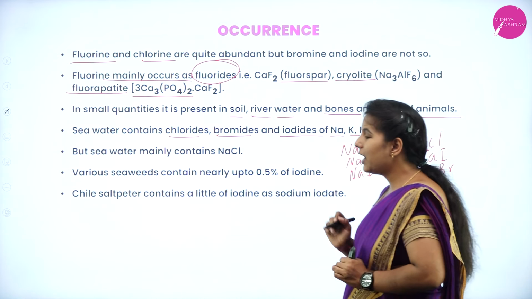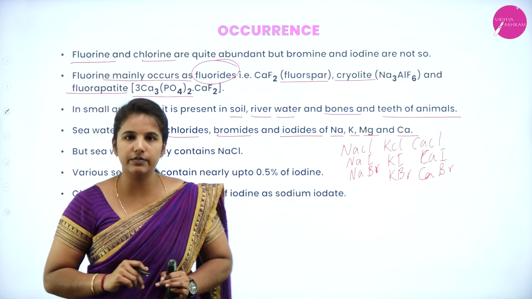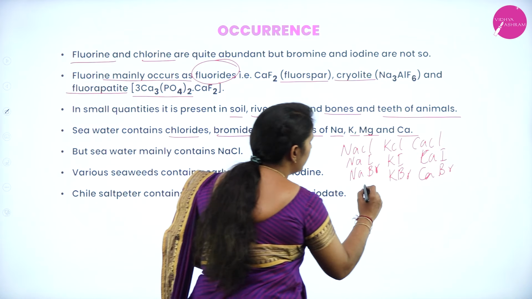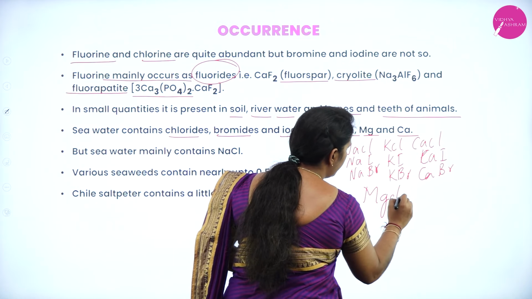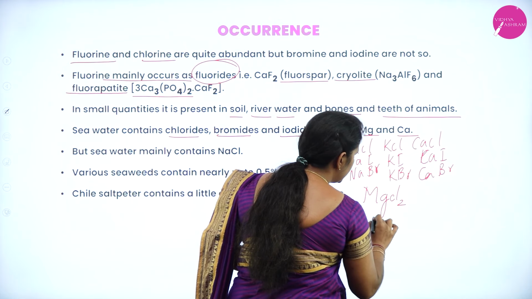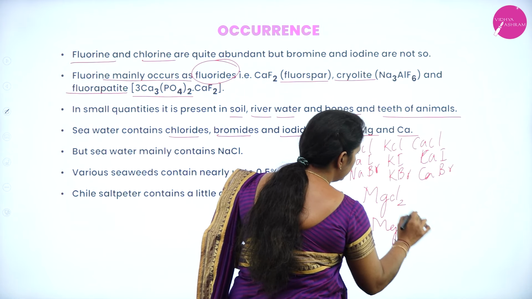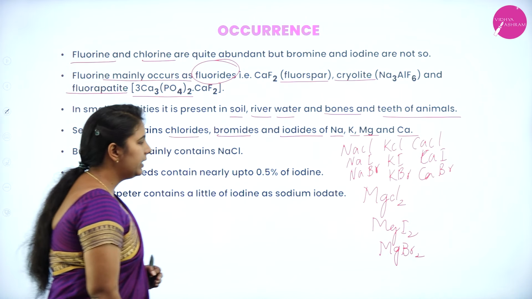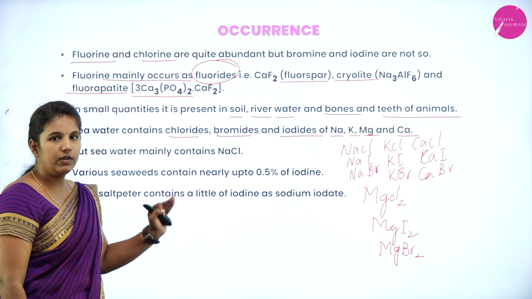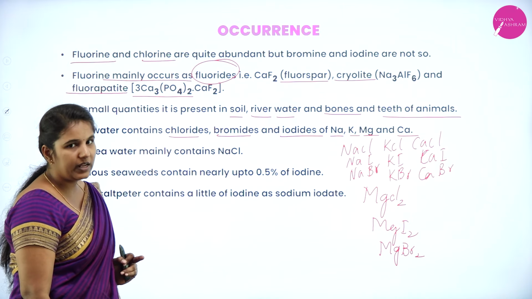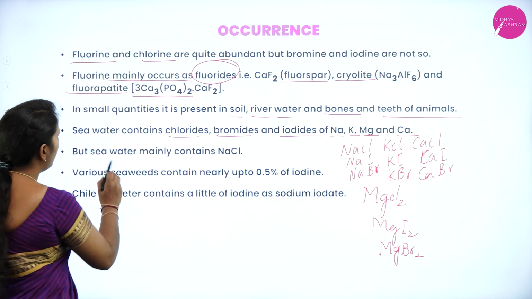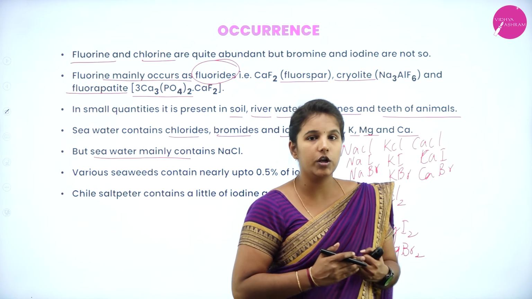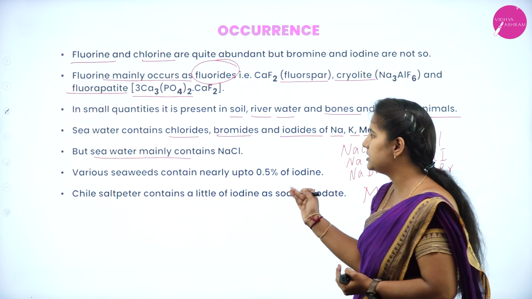Similarly, magnesium will be present as magnesium chloride, magnesium iodide and magnesium bromide. Like this, the chloride, bromide and iodide will be present along with sodium, potassium, magnesium and calcium. But seawater mainly consists of what? Sodium chloride. We know that sodium chloride is also extracted from seawater.